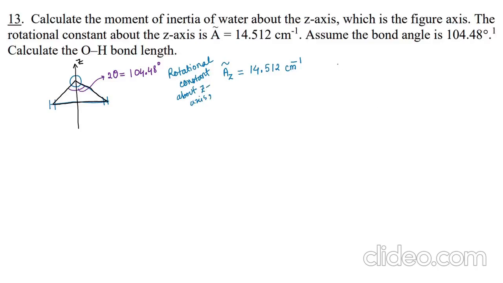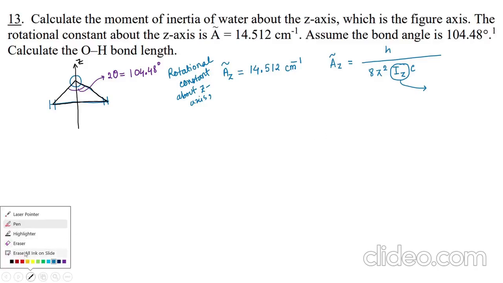What AZ is, again it is related to h by 8 pi square IC into C, the speed of light, right? And write this in a different color maybe.